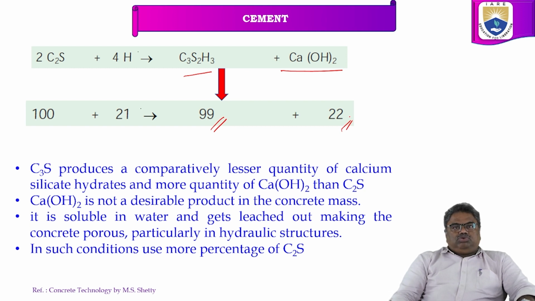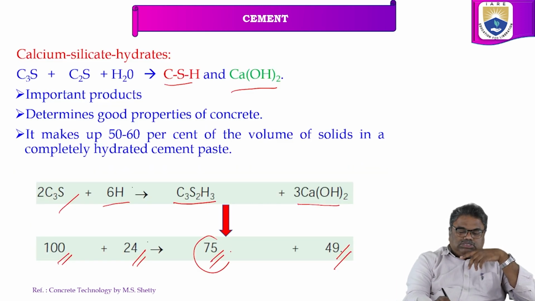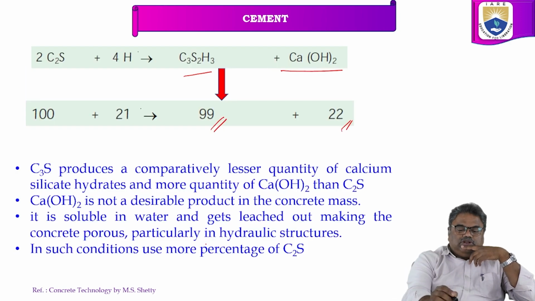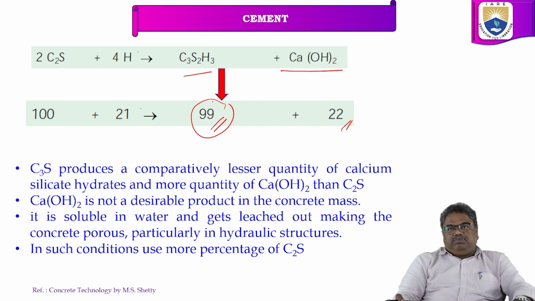So C3S produces a comparatively lesser quantity of CSH gel, 75%, and if it is C2S, it will form 99%, right?